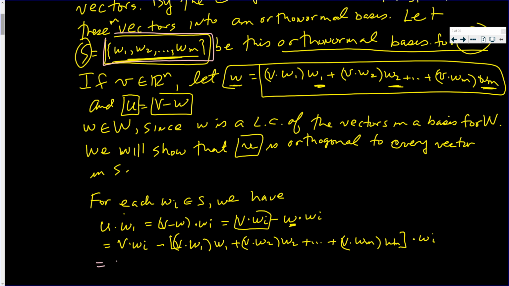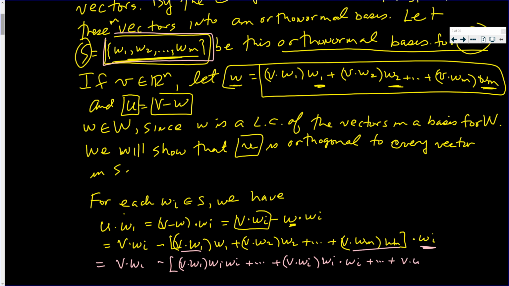So what we get is v dot wi minus v dot w1 times w1 dot wi, all the way down to v dot wi times wi dotted with wi, all the way down to v dot wm times wm dot wi.